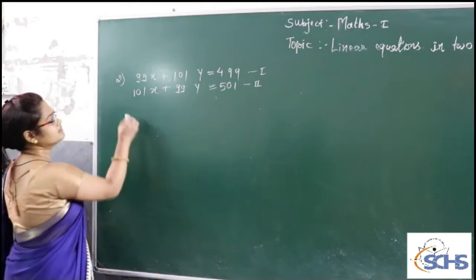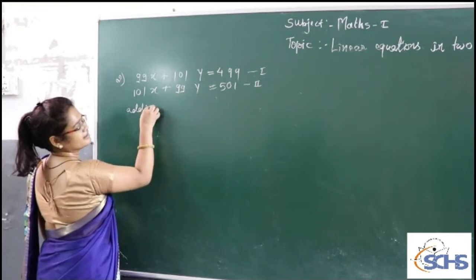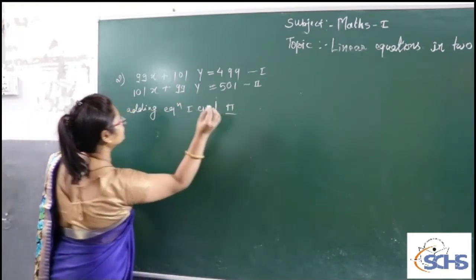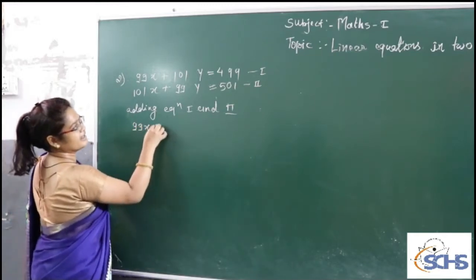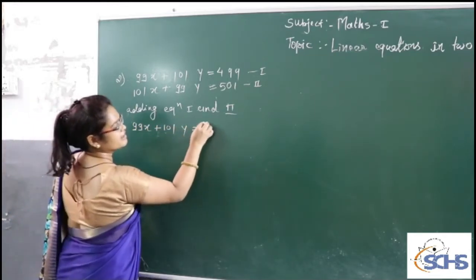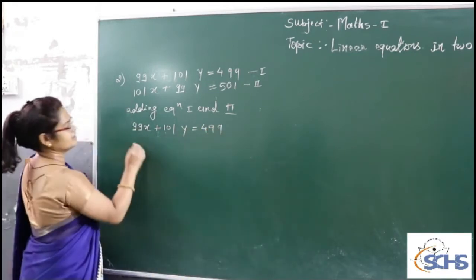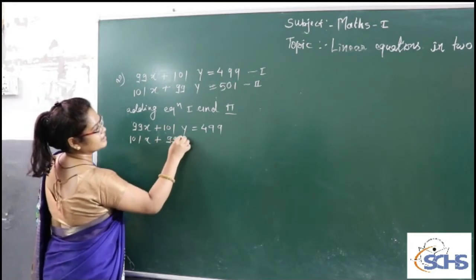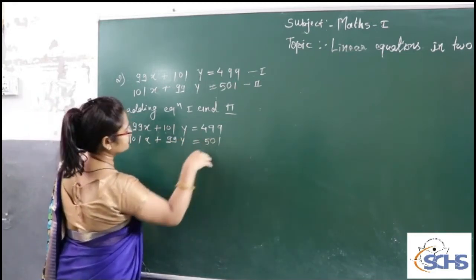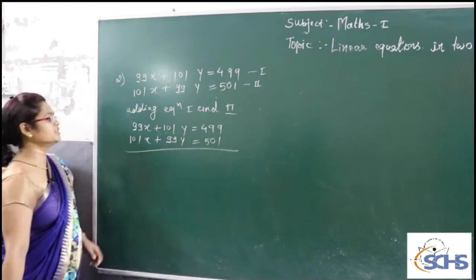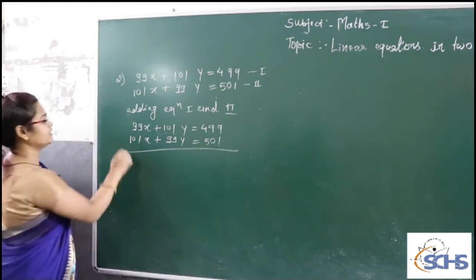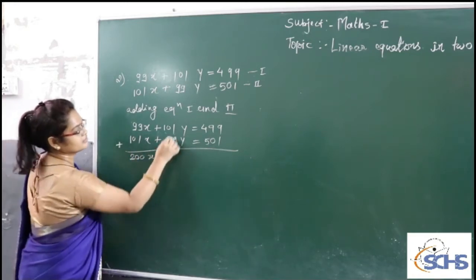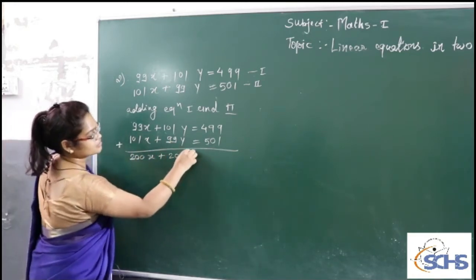So let's do adding equation 1 and 2. First equation is 99x plus 101y equals to 499, and the second equation is 101x plus 99y equals to 501. Do the addition. 101 plus 99 is equals to 200. This is also equals to 200.